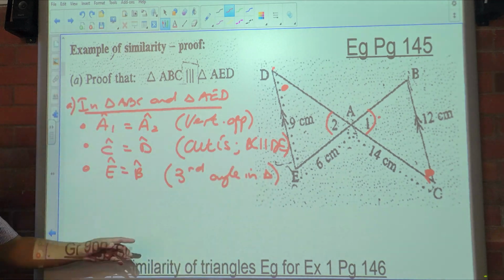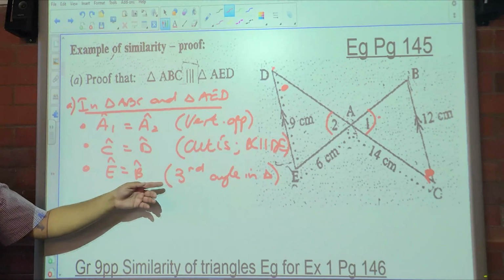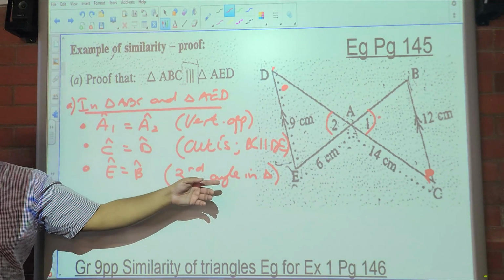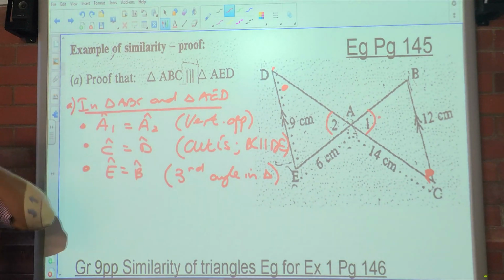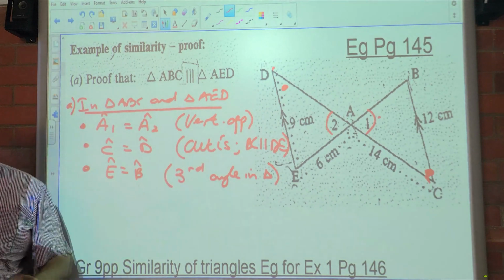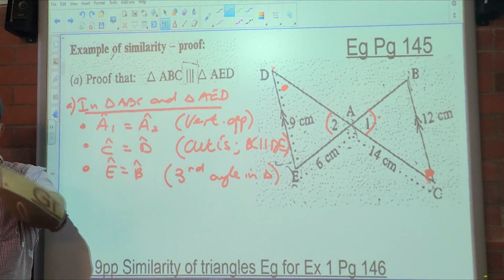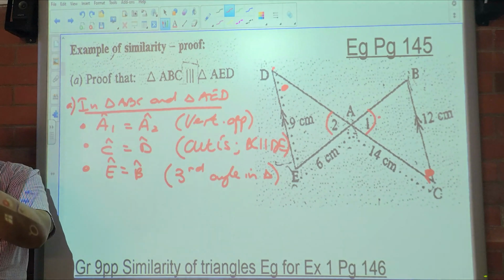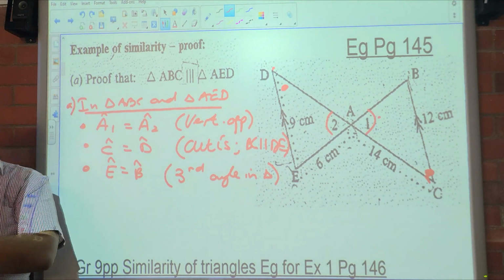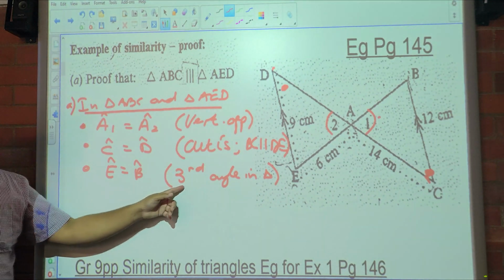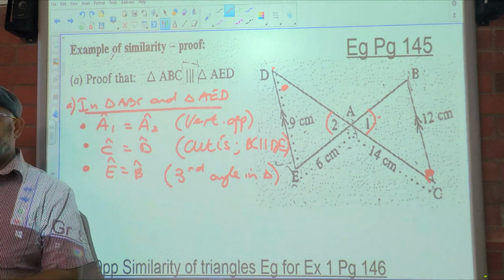There's now a new reason that's going to add to your list: the third angle in a triangle. Once we have proved that two angles are the same in two different triangles, then the third one has to be the same. So it's known as the third angle in a triangle.